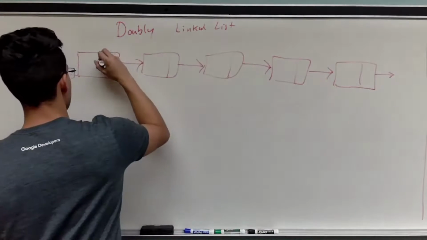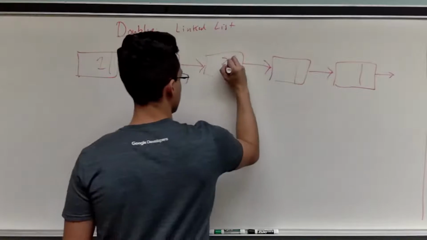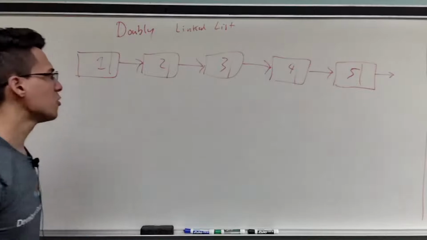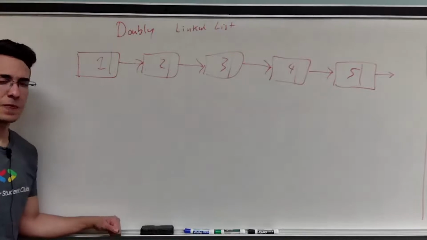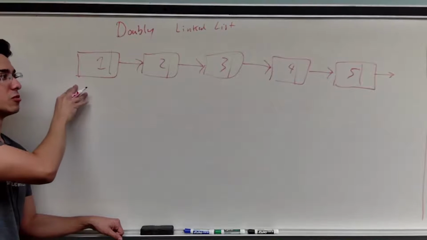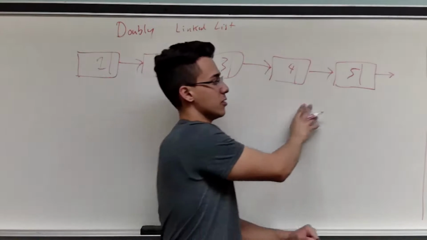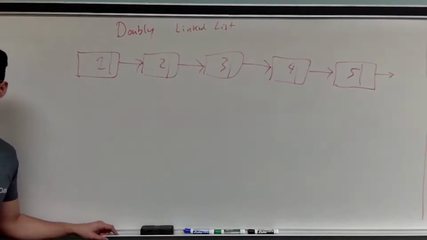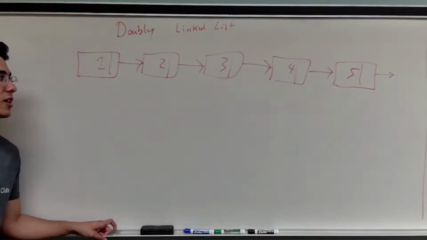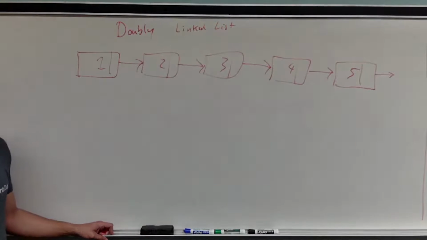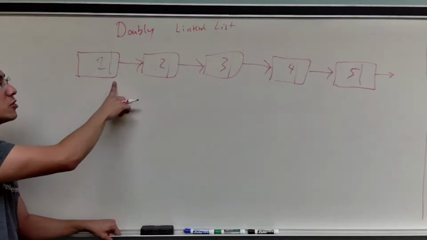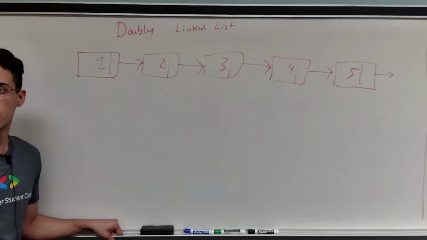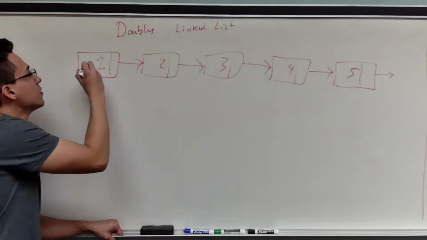So it's like 1, 2. So we went over this. This is a singly linked list, right? It goes in one direction. You can use a while loop to go like this. But imagine we had a node class we defined that was special and did not only have a pointer to the next node, but also had a pointer to the previous one as well. That's just what that is.